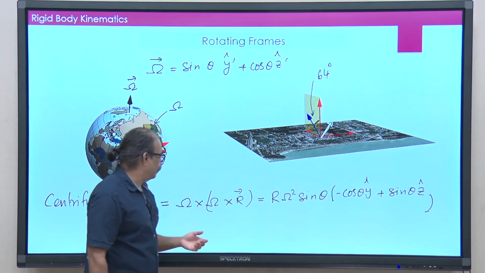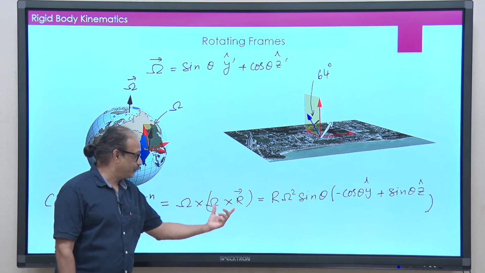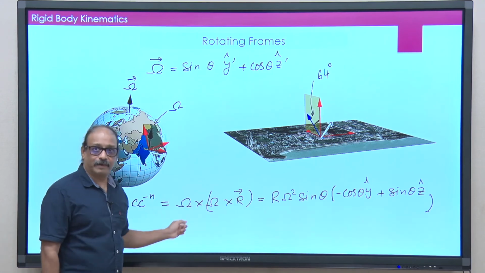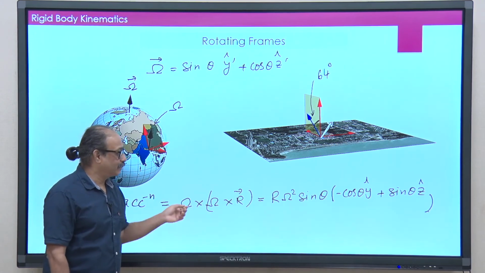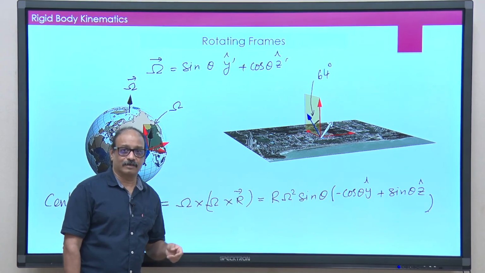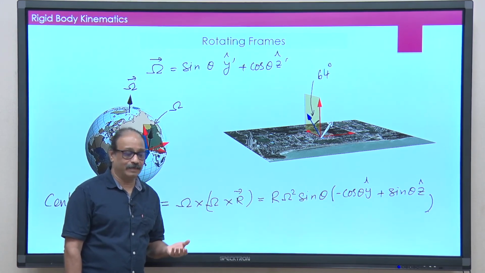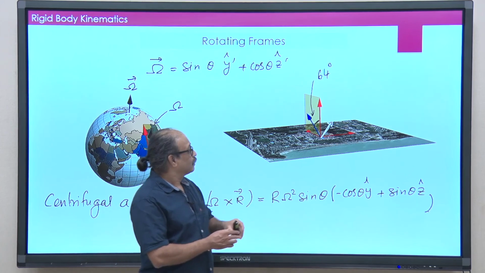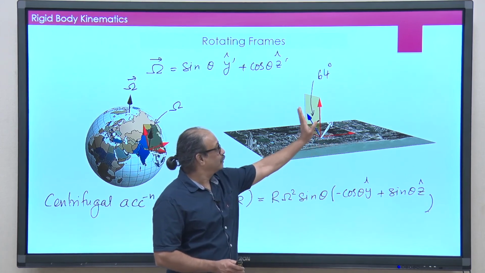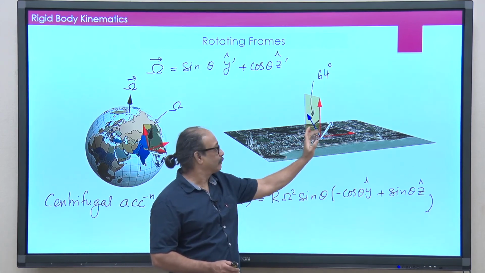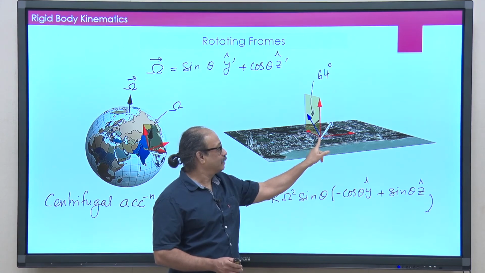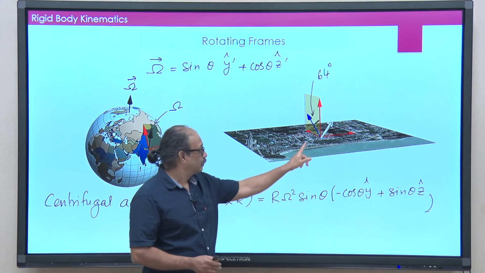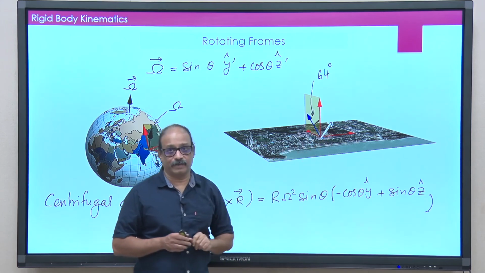And we also know that whatever this cross product is, it is perpendicular to omega. Only thing that we have established is that this cross product is in y z plane, or y prime z prime plane. It actually is in the same y prime z prime plane and it is basically perpendicular to the omega vector.